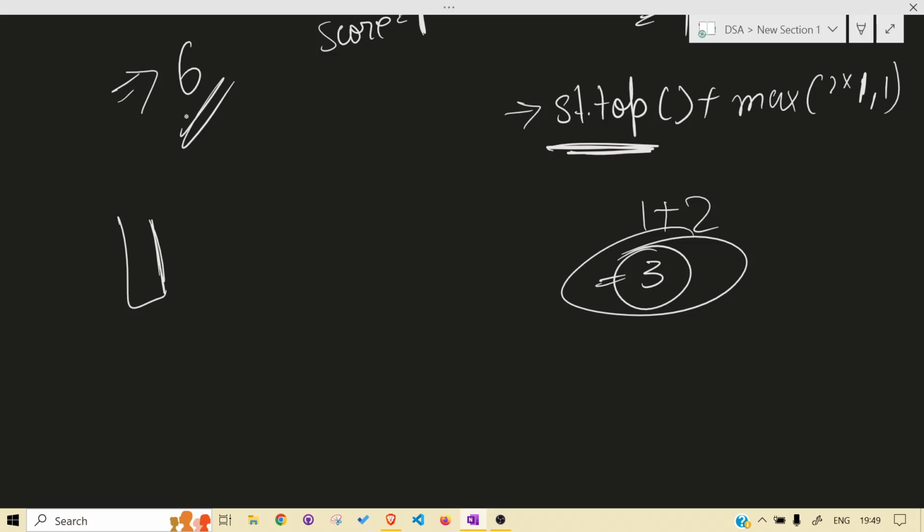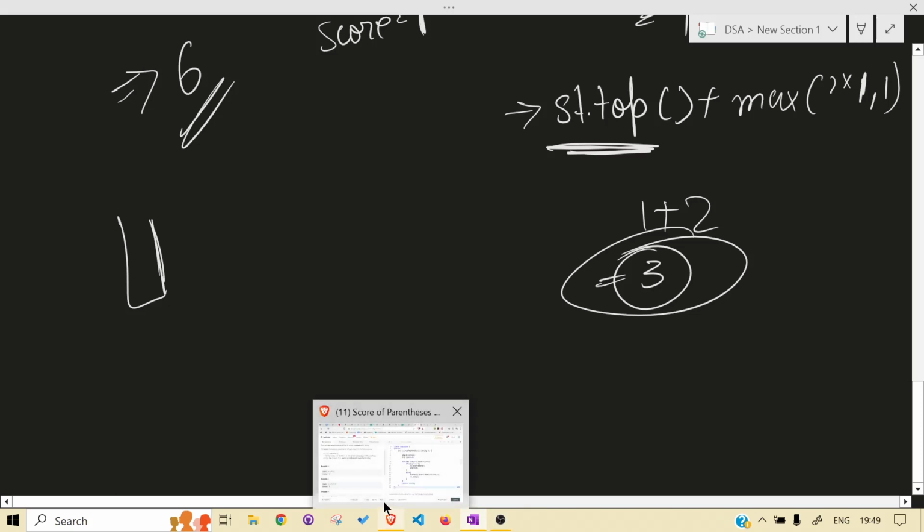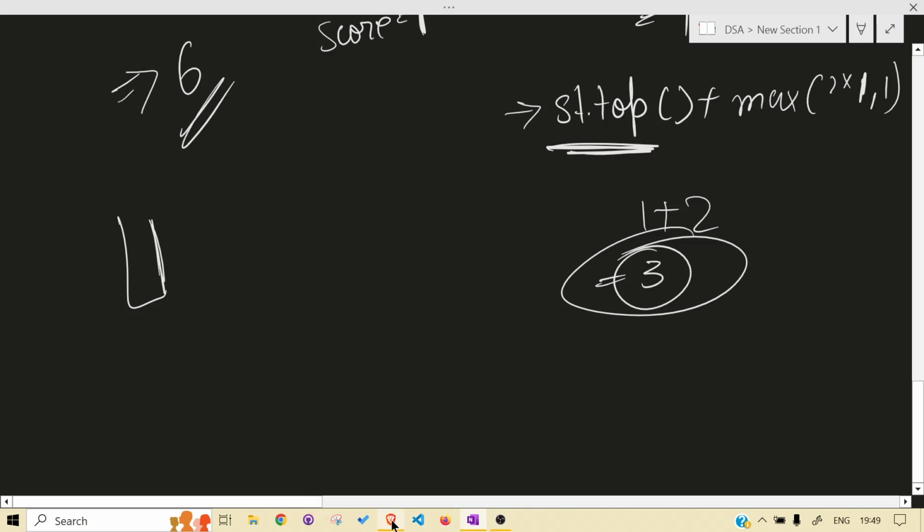I'm not able to remember the word, but the real gist of it is why this score works, because I made this algo on my own from failed test cases. That's why I'm saying this.